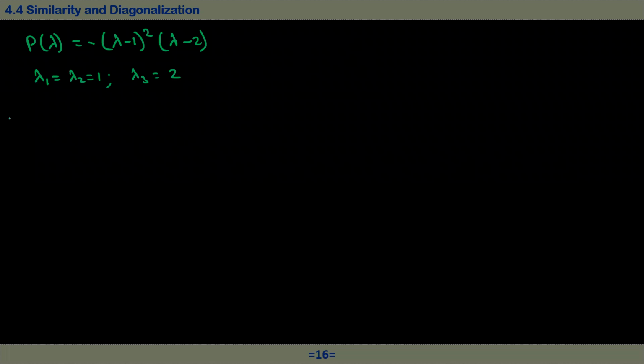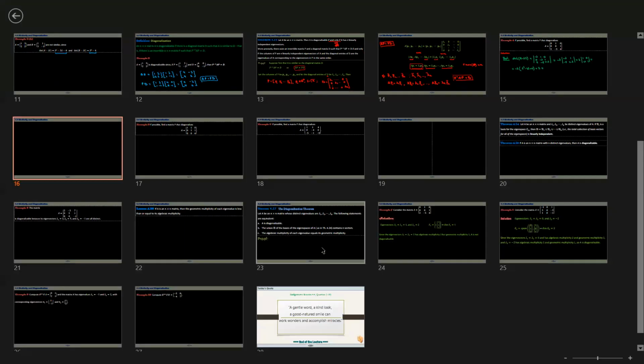Okay, so actually this is step 3. So now we will find the eigenvectors corresponding to these eigenvalues. If you just consider the first one, you just change the marker here.